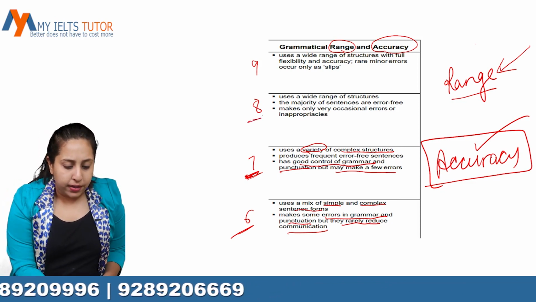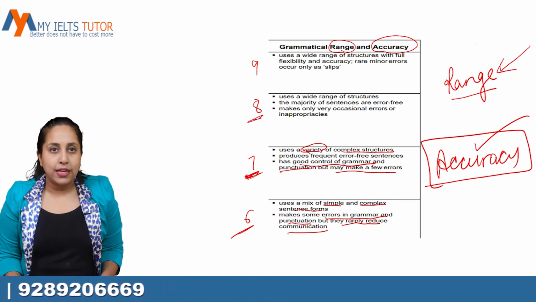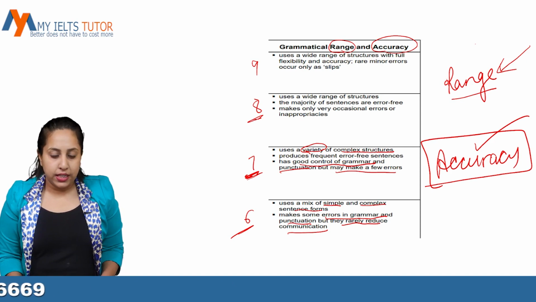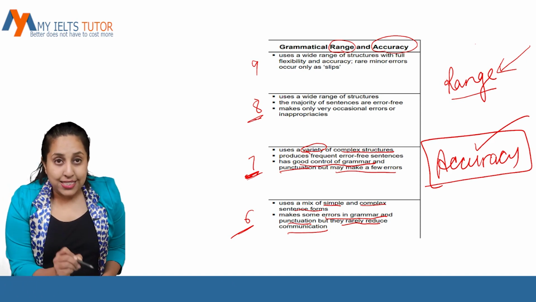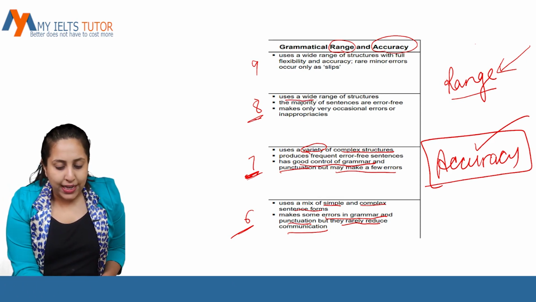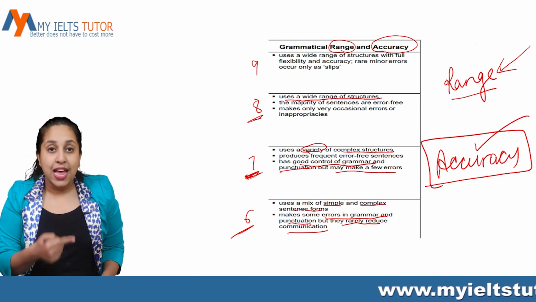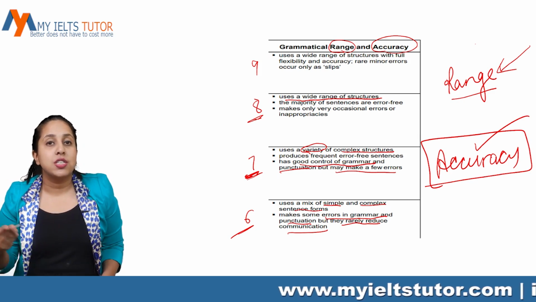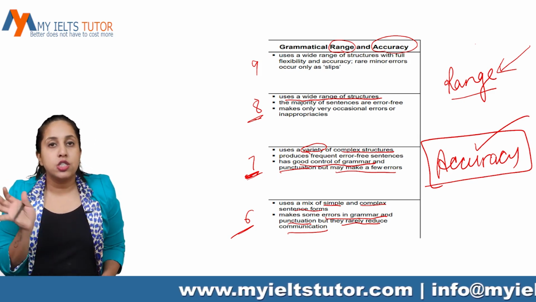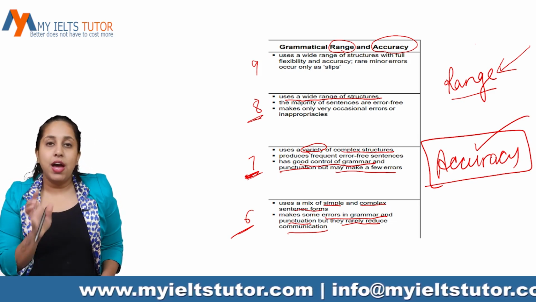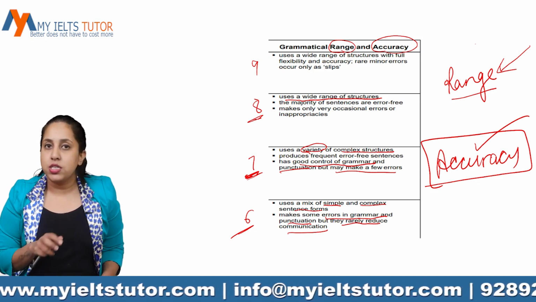What about the band 8 criteria? How will I score band 8 in grammatical range and accuracy? Here, the examiner wants the student to use a wide range of structures. It means other than complex structures, I need to give other structures as well. Complex structures I have to give, but उसके अलावा I have to add other forms of structures as well.